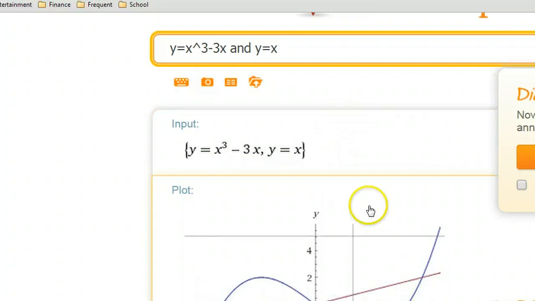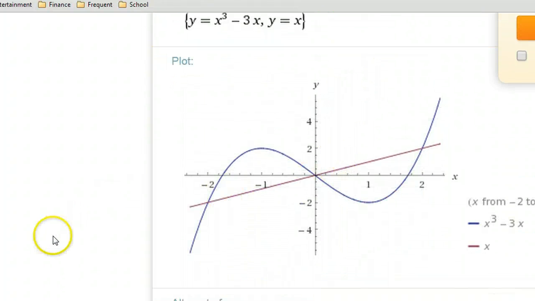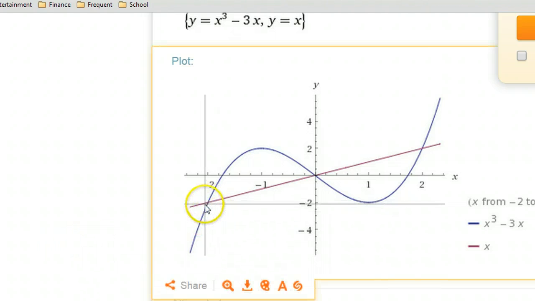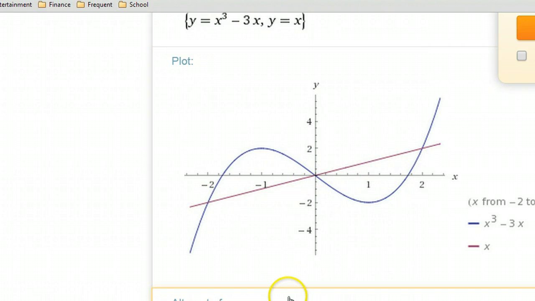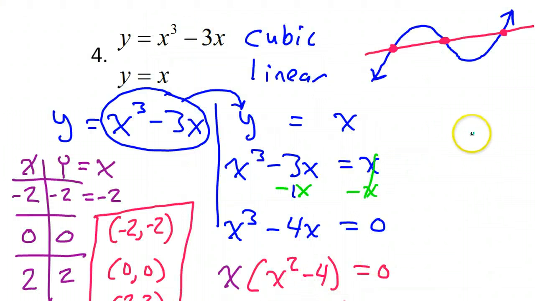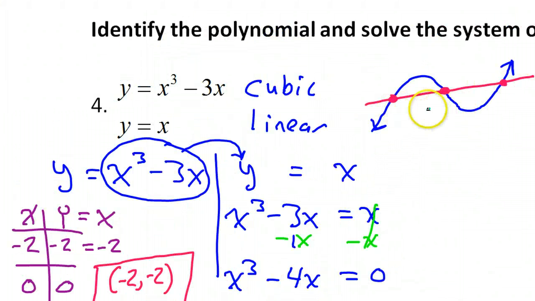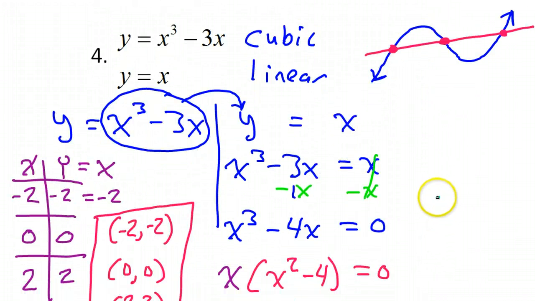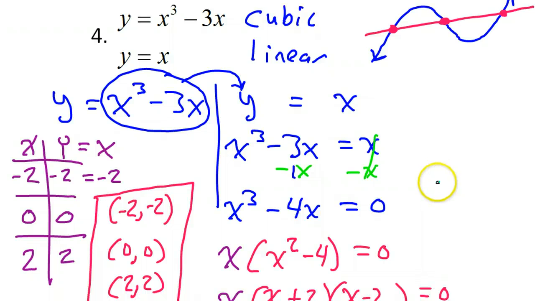Just scrolling down. There's a nice view of what happened. We have our intersection points here, here, and here. So that's what really happened, and my goodness, that's almost exactly what we predicted in our initial guess. So we have this all figured out.